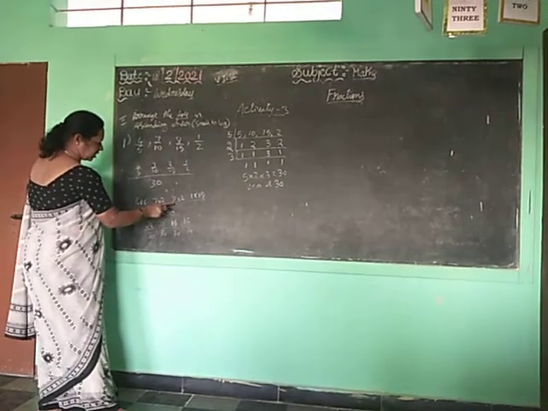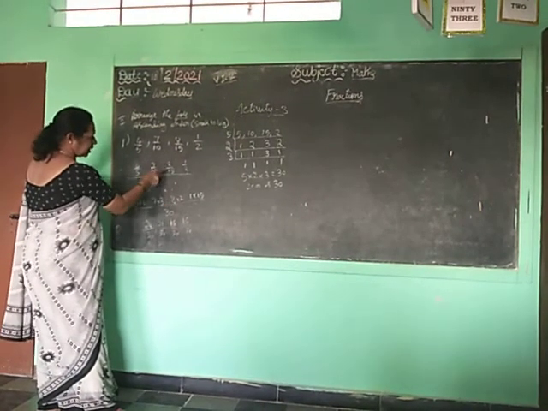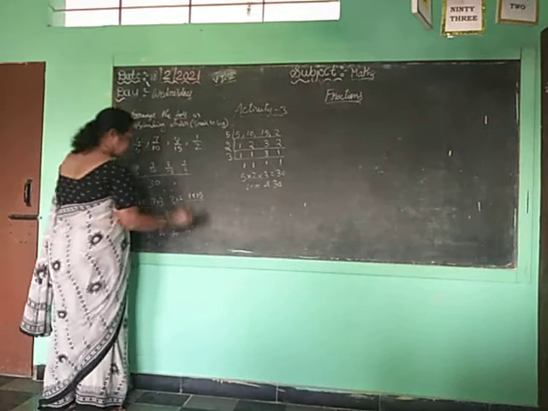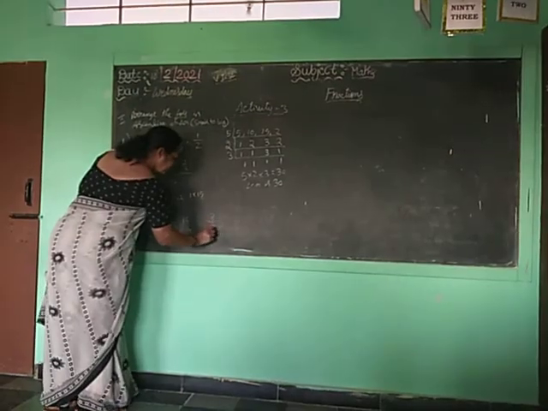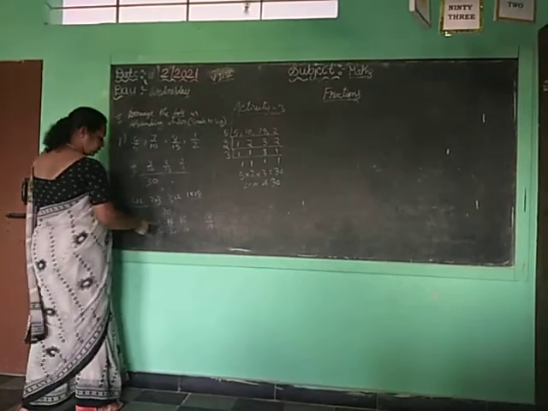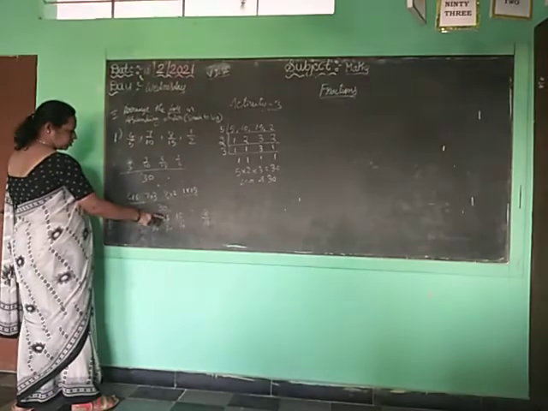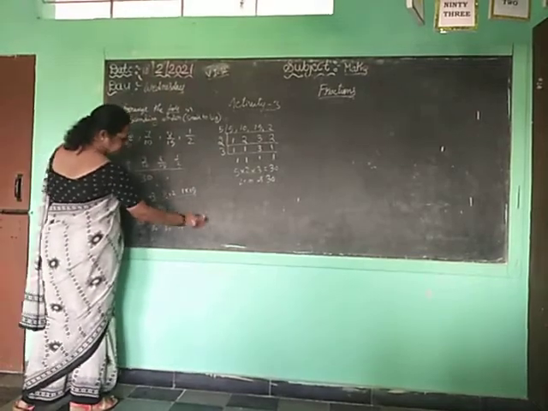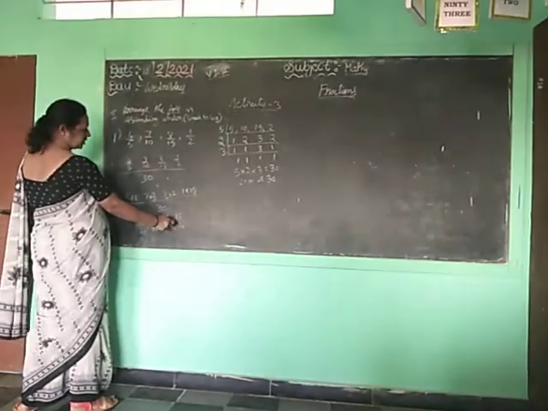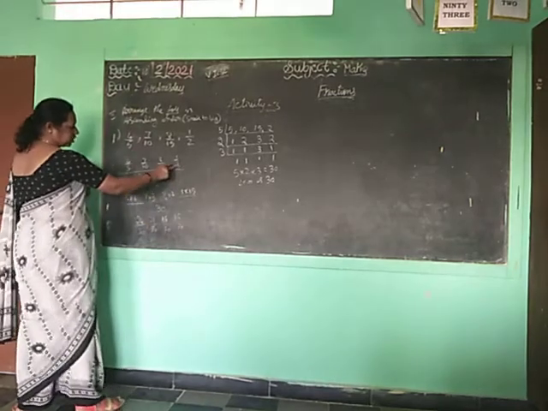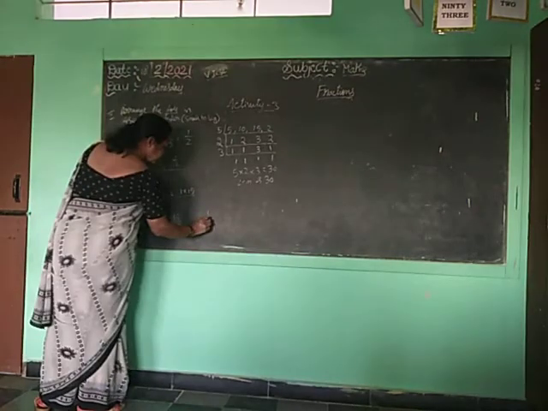Sorry, 15 is the smallest. 15 by 30, which fraction is that? This one. Okay, 1 by 2 first.